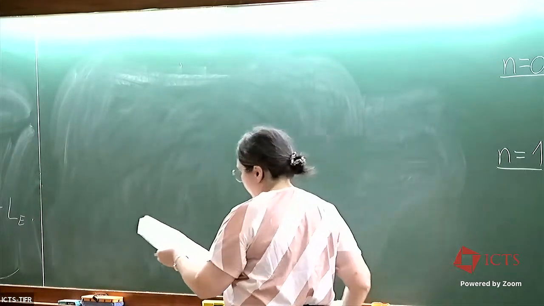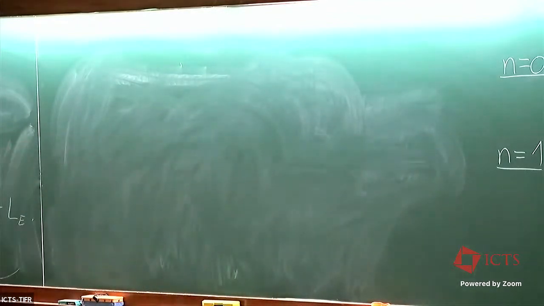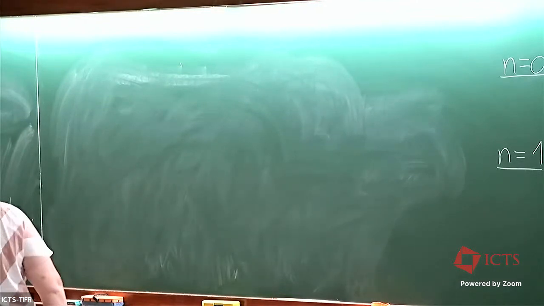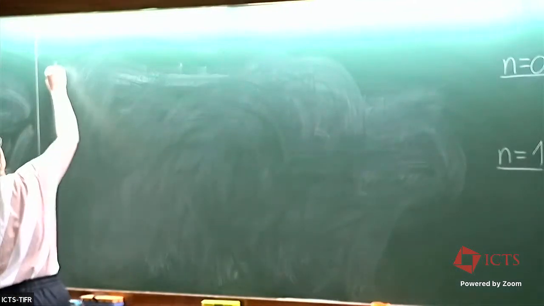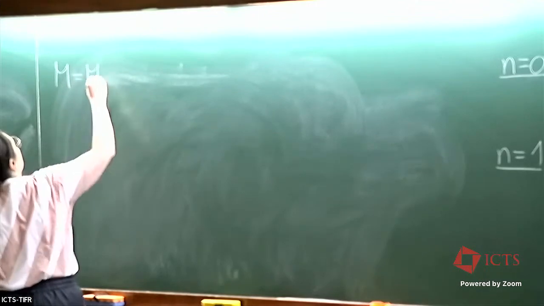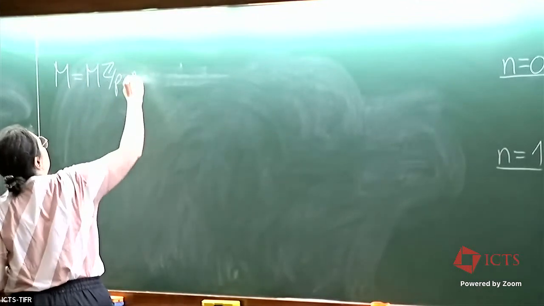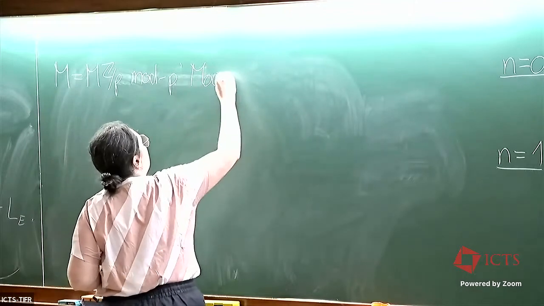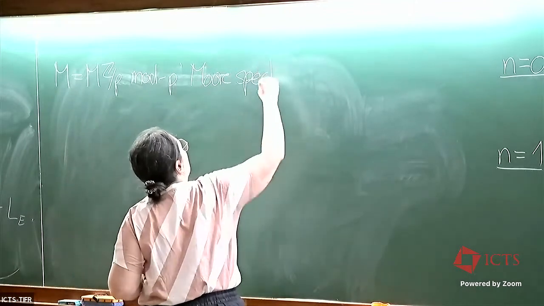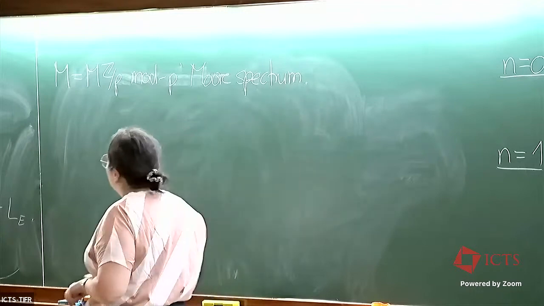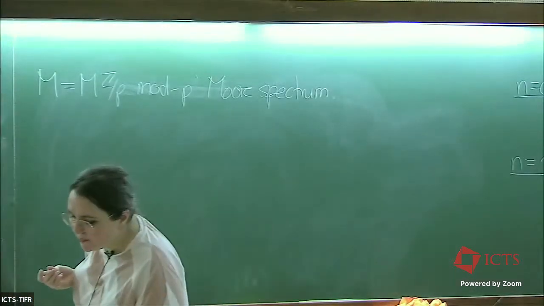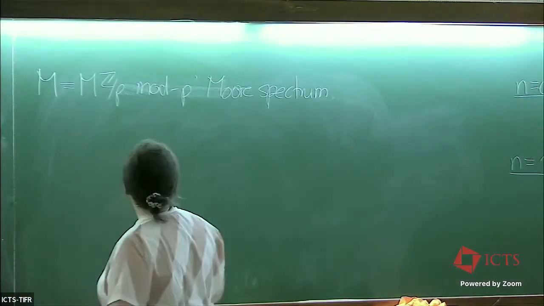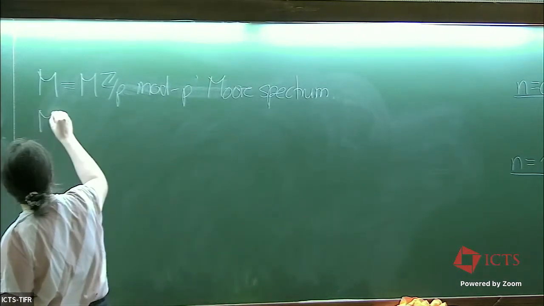So let's take a look at that. If we take M again to be the mod p Moore spectrum, then this has the very, very special property that it has a so-called v1 self map.